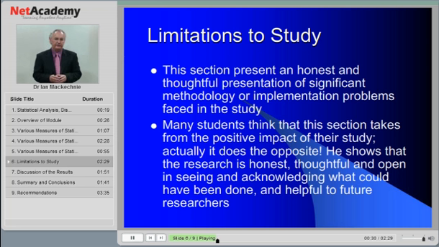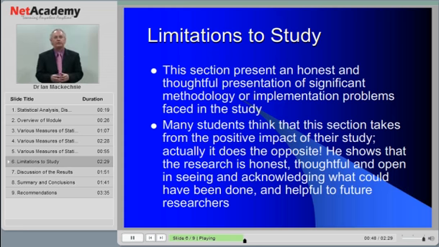Now, many students get a little bit concerned about this section, and they think that this section takes away from the positive impact of their study. They seem to think that it weakens their study, it lessens their study. It's an acknowledgement that their study is far from perfect.